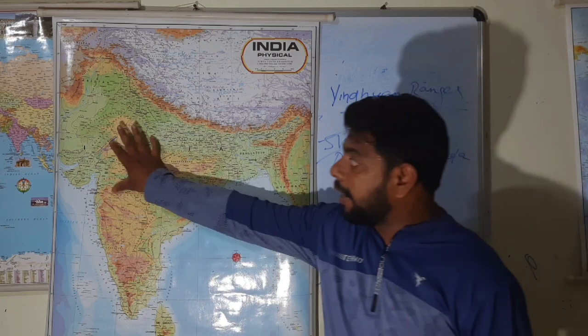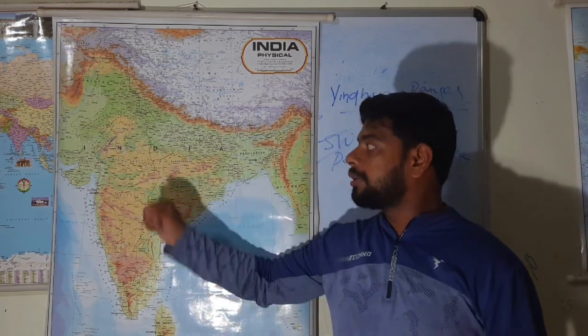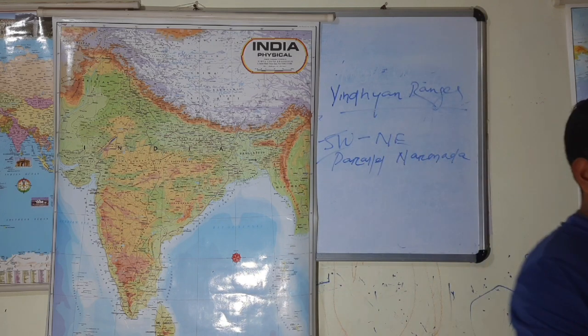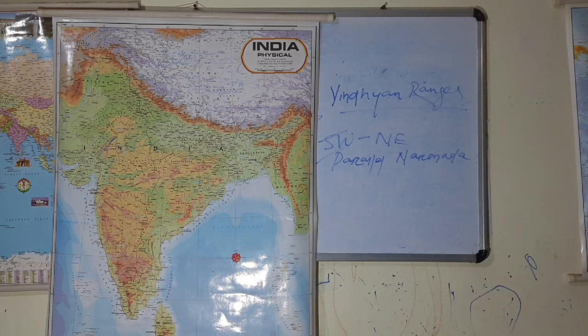It is quite wider in the southwest, but quite narrower in the northeast. So Vindhyan ranges understood, guys? Note it. And it is mainly discontinuous in nature.